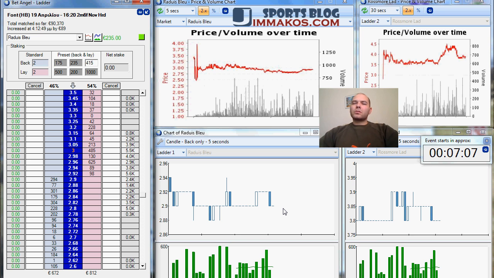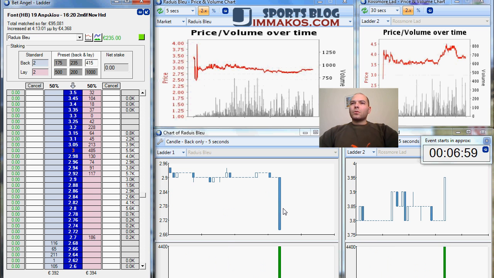The video consists of 3 horse races in total. So here we see a sudden spike. I'm going to talk a little about it here. This is when a big bet is getting matched, as we see in the lower part of the BetAngel graph with the candlesticks.